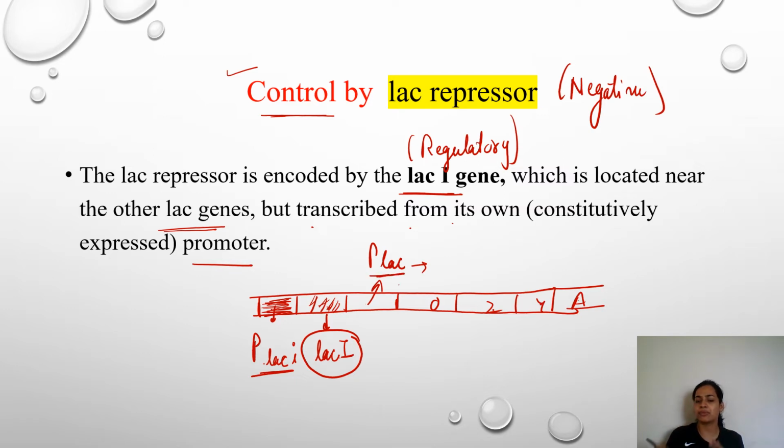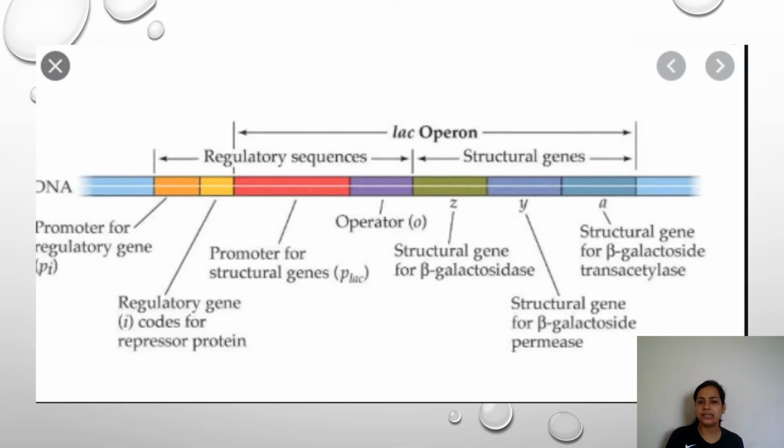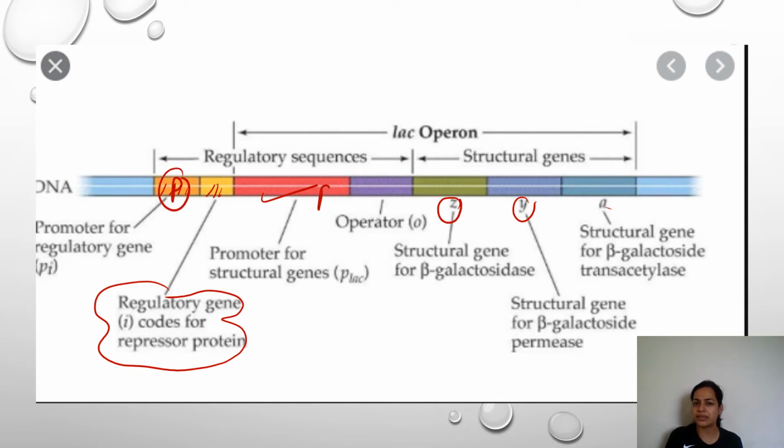This one is the promoter for Z, Y and A. Here we also talked about this: this red one is the promoter for genes ZYA, and this orange one is the promoter for the regulatory gene I, which is coding for the repressor protein. So its promoter is this, and this is the promoter for ZYA. The promoters are different.